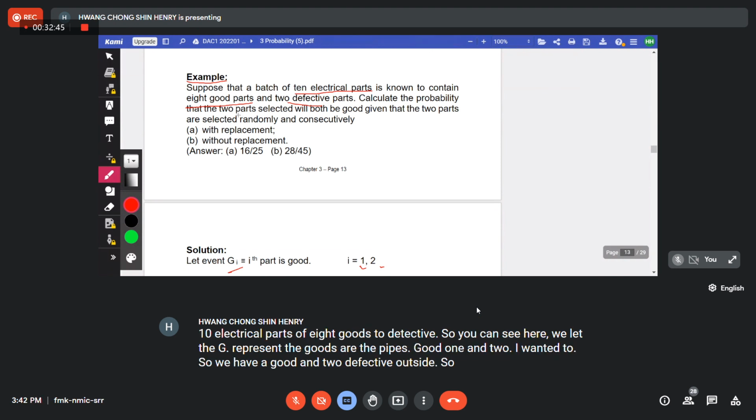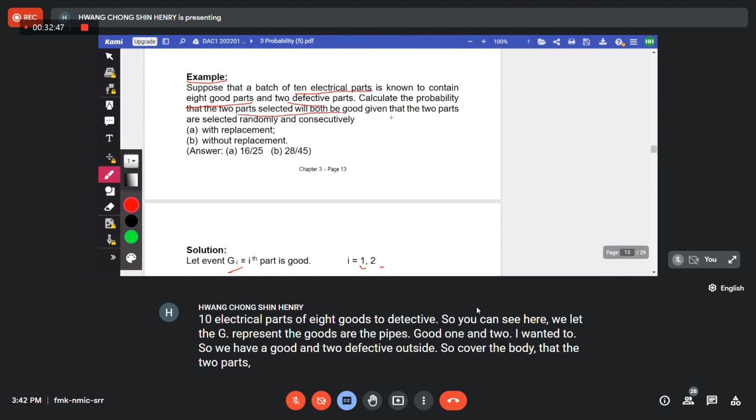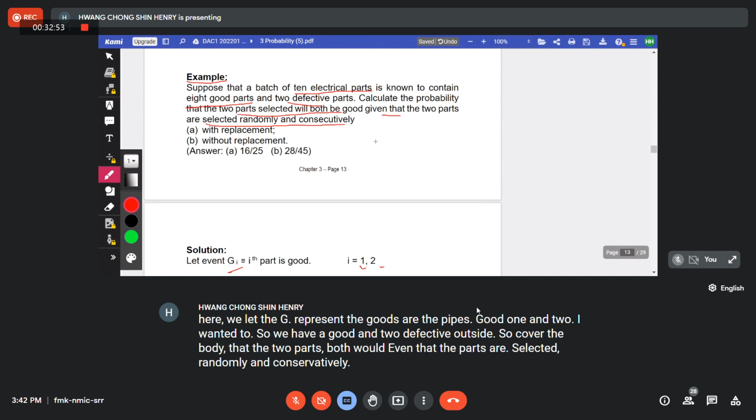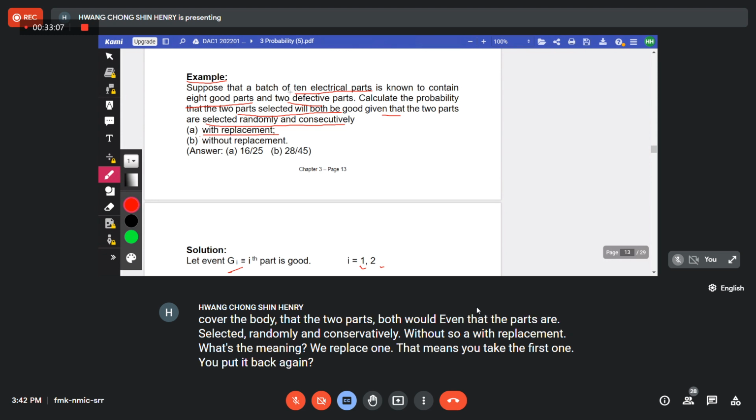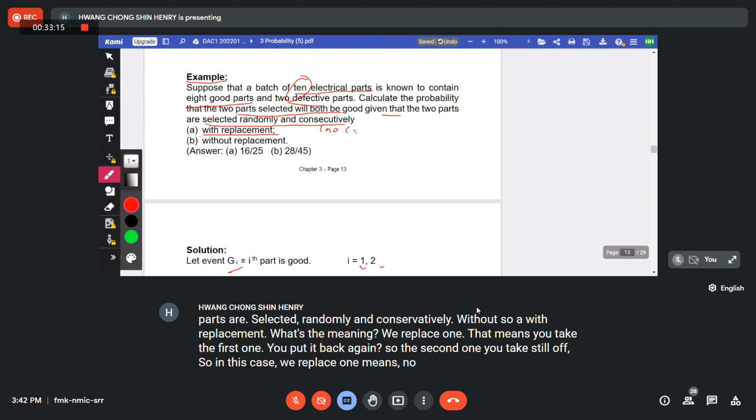So calculate the probability that the 2 parts are both good, given that the parts are selected randomly and consecutively, with replacement. What's the meaning of with replacement? That means you take the first one, you put it back again. So the second one, you take still out of 10. So in this case, with replacement means no condition.